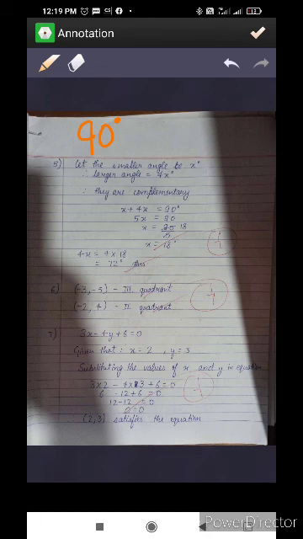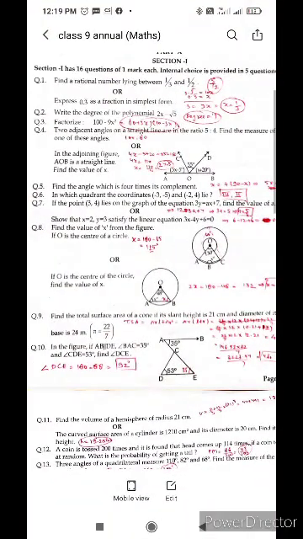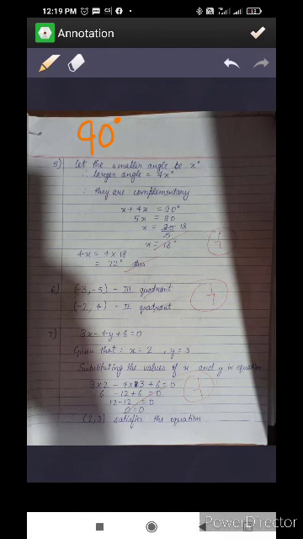How come 4x? What has he done? Oh my god, he has done it wrong. Let me check again. Find the angle which is 4 times its complement.